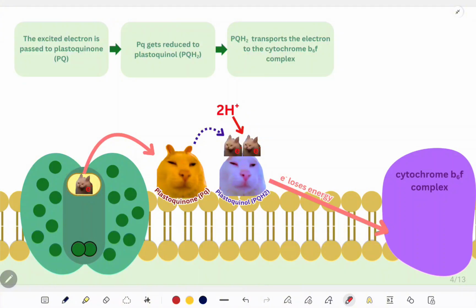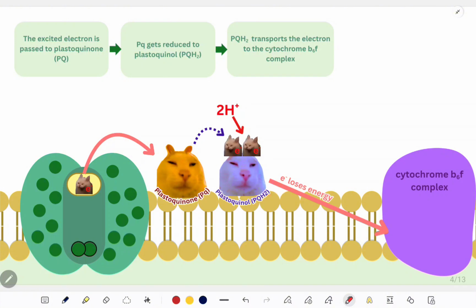Now back to this excited electron. This excited electron is passed to plastoquinone, in short PQ. And once it receives 2 electrons, it is reduced to plastoquinol, or PQH2.